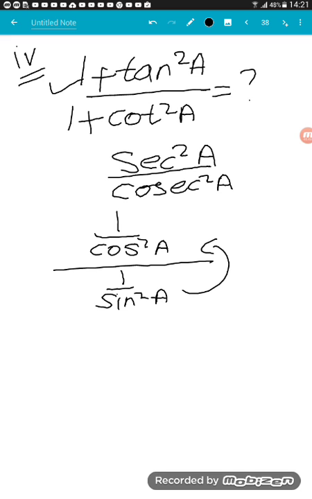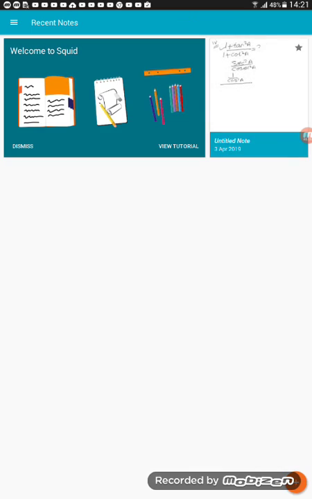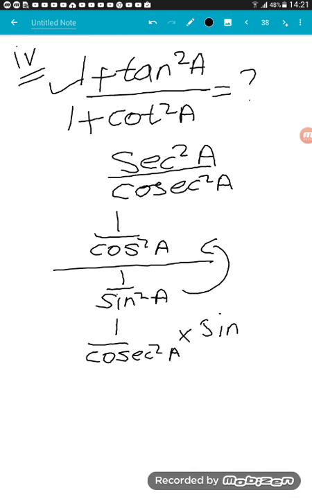So if we bring this up, it will be 1 by cos square a into sin square a by 1. So it will become sin square a by cos square a.